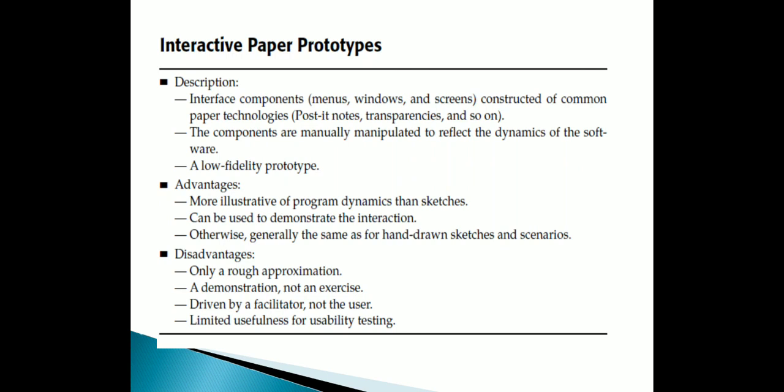Thus, the disadvantages are also similar to those of hand-drawn sketches. They are only rough approximations. They are just demonstrations and not exercises, they are driven by facilitators and not the user, and they possess limited usefulness for usability testing.